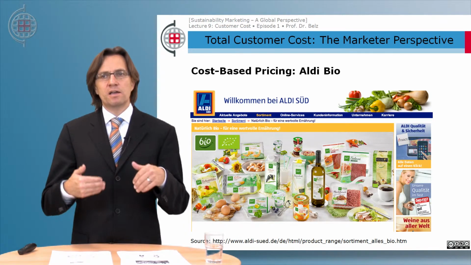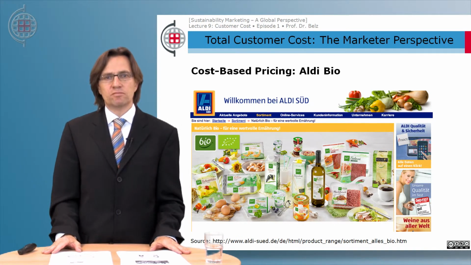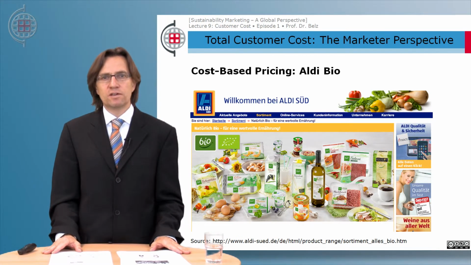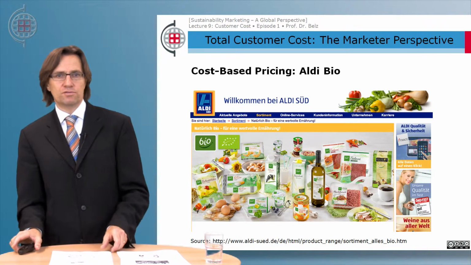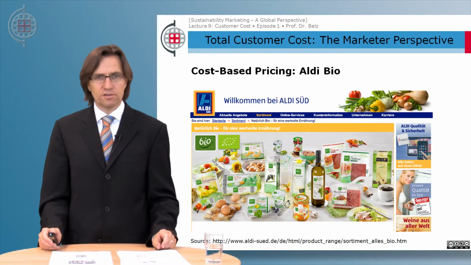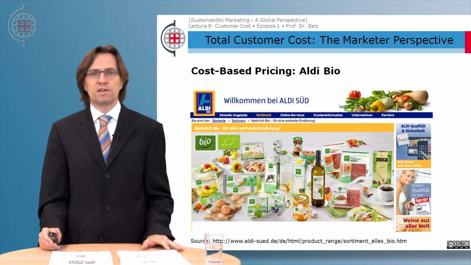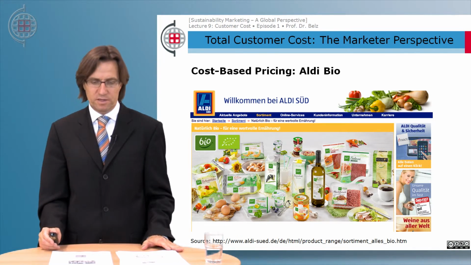And they buy in larger quantities from mostly German but also Eastern European organic farmers for a lower price. So due to the economies of scale and the larger quantities, they manage to reduce the price. So these are examples for pricing and different strategies companies follow in the market for sustainable products.